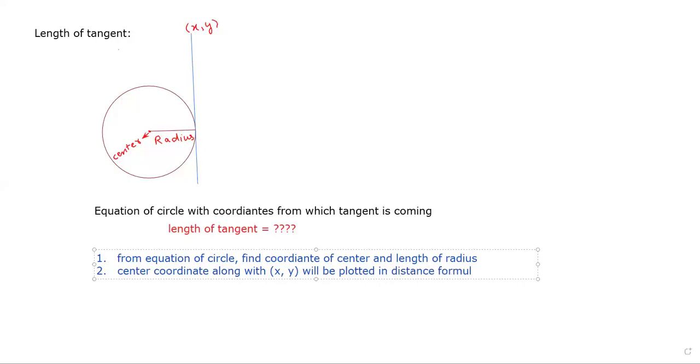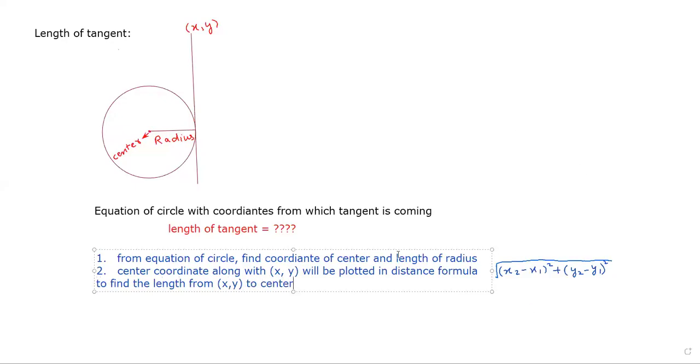You guys know the distance formula. We have already discussed that thing. So it will be plotted in the distance formula to find the length from the x, y coordinate to the center.